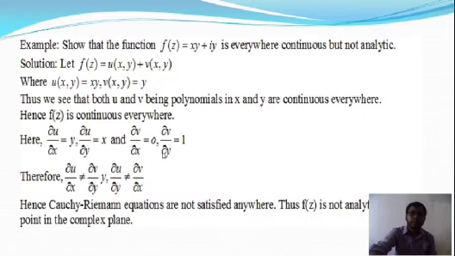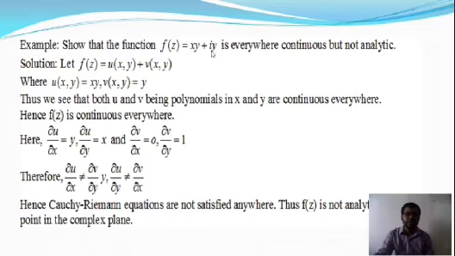Next I'll take one more example on differentiability or analytic function. Here is the example: the function f of z is equal to xy plus iy is everywhere continuous but not analytic.